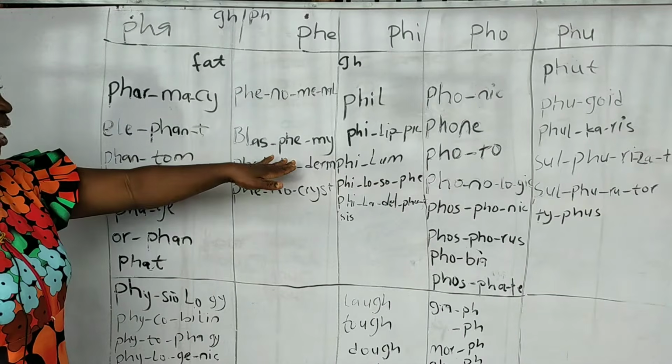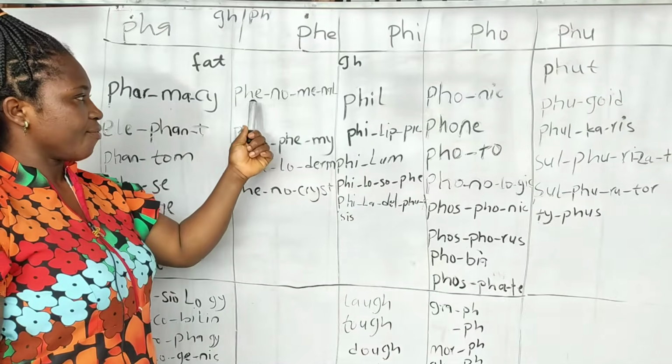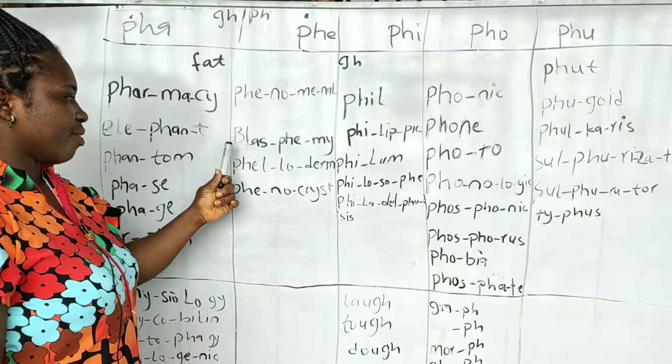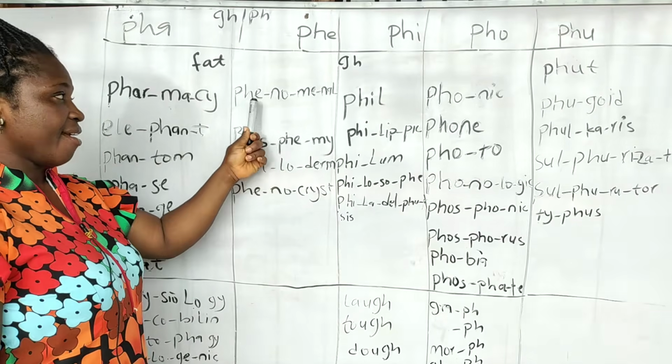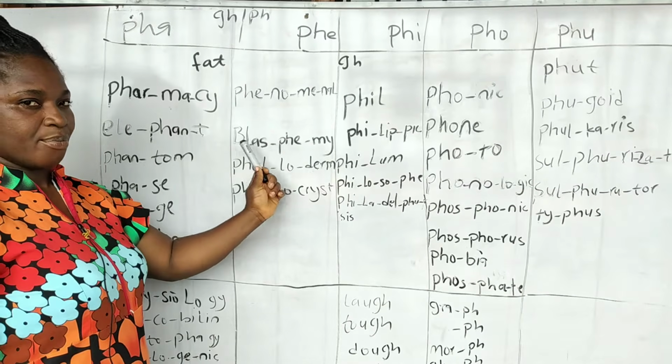Let's equally try these sounds. We have phenomenal. I have blasphemy. You can see it's still sounding F here. Phenomenal, blasphemy.